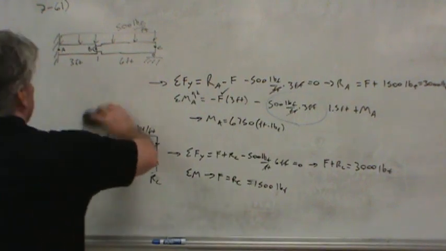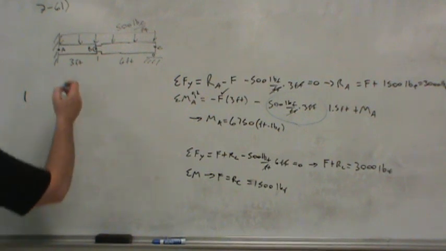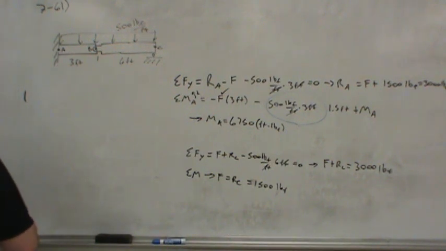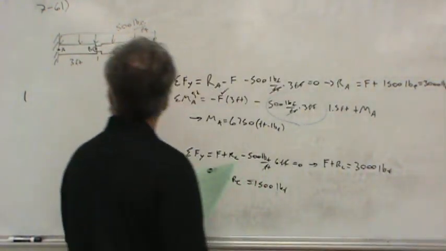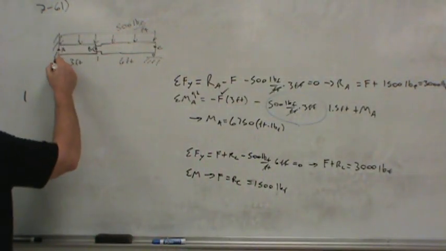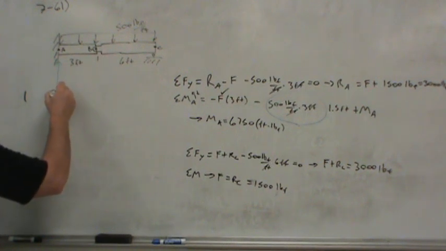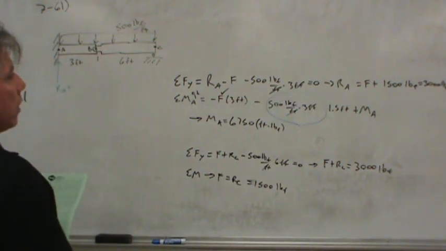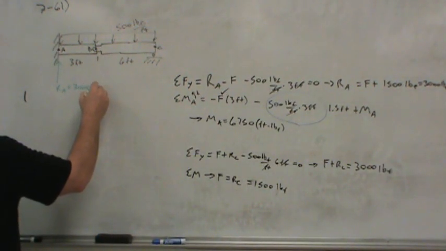We haven't yet answered the question, which is what are the shear and moment within the beam? But I just want to make some notes. Maybe we'll go with a different color. The reaction at A was 3,000 pounds. That's the force reaction.